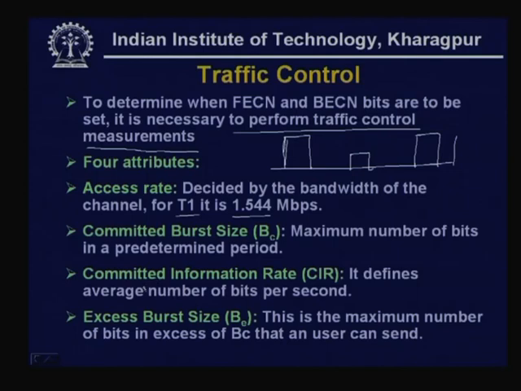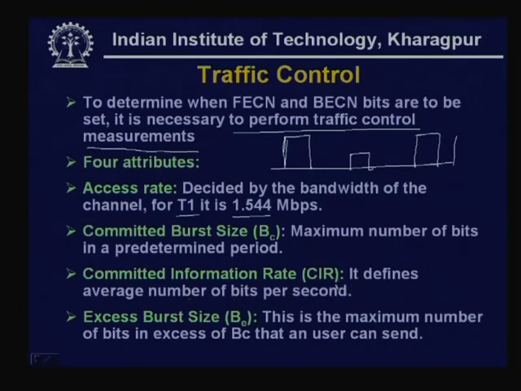Then the third parameter that is being used is committed information rate. It defines the average number of bits per second. That means it performs the averaging and finds out whether the average number of bits, which is essentially related to the access rate, and this parameter is also specified in the beginning, is exceeded.